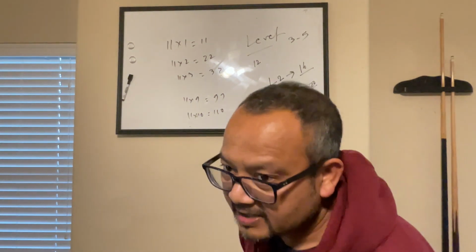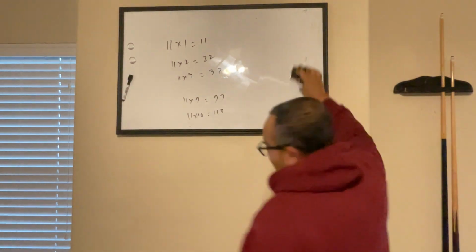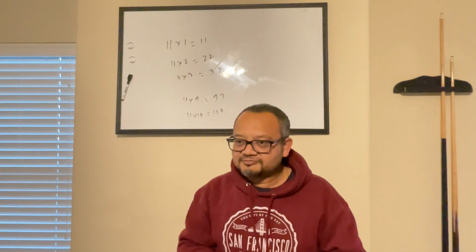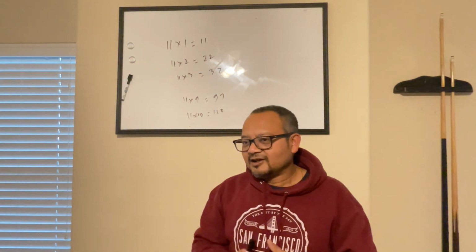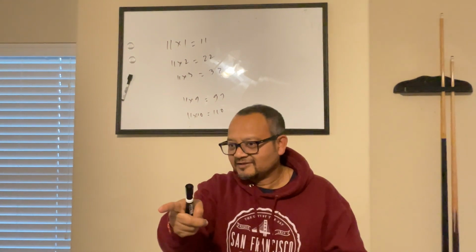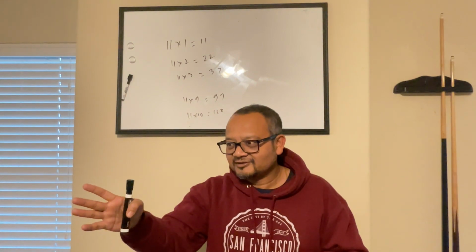Now let me check. If you say you know tables till 12, let me see. 9 7s are 63. 8 4s are 32.